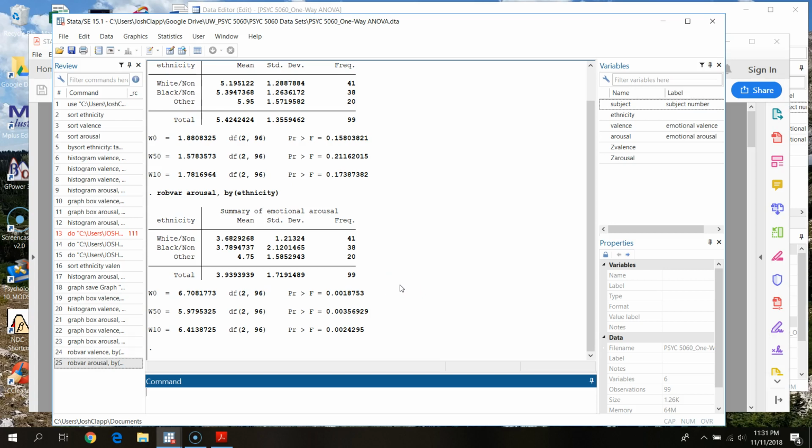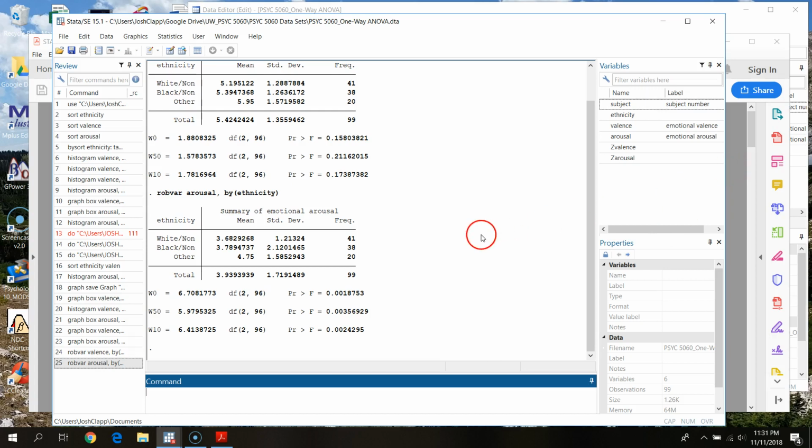So it looks like in terms of our ratings of emotional arousal, not only do we have an unbalanced design, but we also have evidence for likely differences in population variance across our white non-Hispanic, our black non-Hispanic, and our heterogeneous other group. And so in combination with an unbalanced design and evidence of violation of assumption, we're going to want to make sure that we account for this in our analyses.